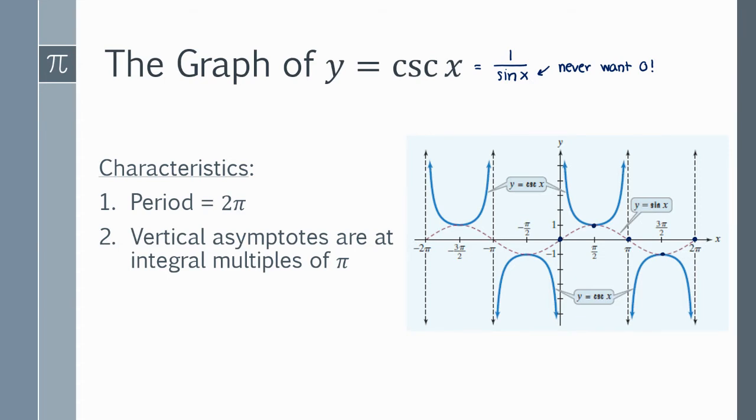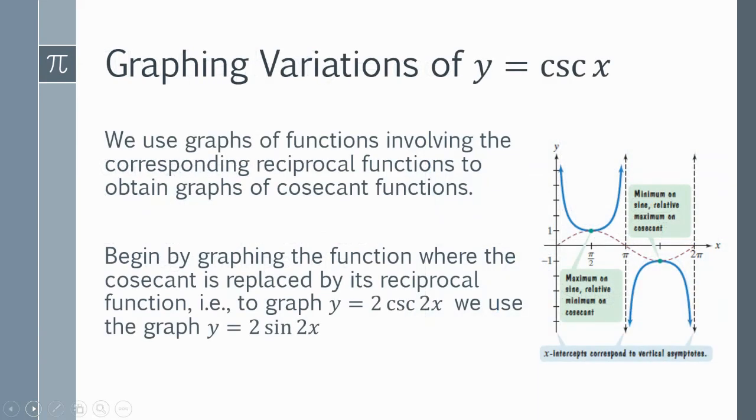So as long as we know how to sketch the sine graph, all we're going to do is put vertical asymptotes wherever it touches 0, and then in between, at the highest and lowest points on the sine graph, we're going to have parabola-looking shapes. We use graphs of functions involving the corresponding reciprocals.